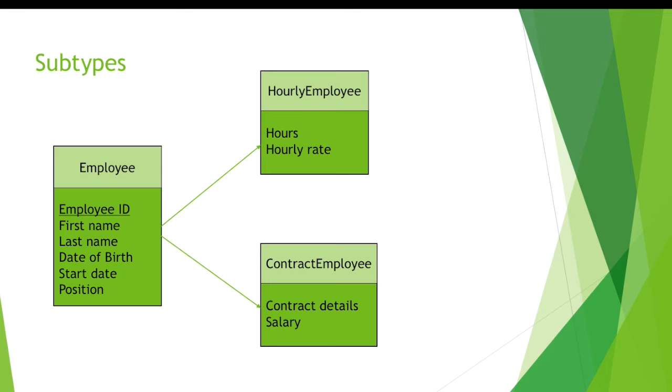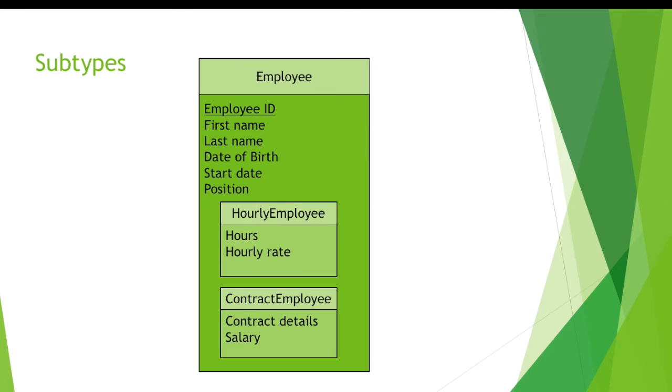For an employee on an hourly basis, you may want to store information about the hours agreed on and the hourly rate. And for a contract-based employee, you maybe want to save information about the contract itself and the salary. In an ERD, subtypes are displayed in the following way.